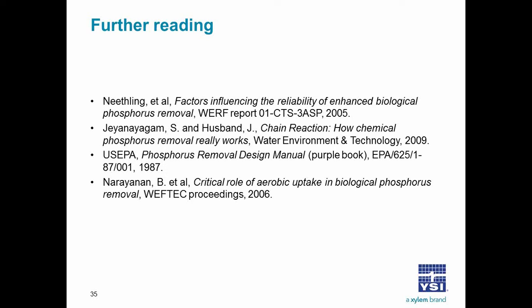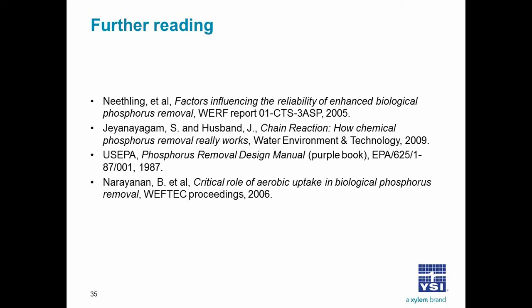Chemical P removal will certainly increase sludge production. There's no way around it. However, it might only be a marginal increase if the limit you're trying to reach is 1 milligram per liter. Certainly, as lower limits have to be reached and more chemical has to be added, there are more competing reactions, and additional sludge will be generated.